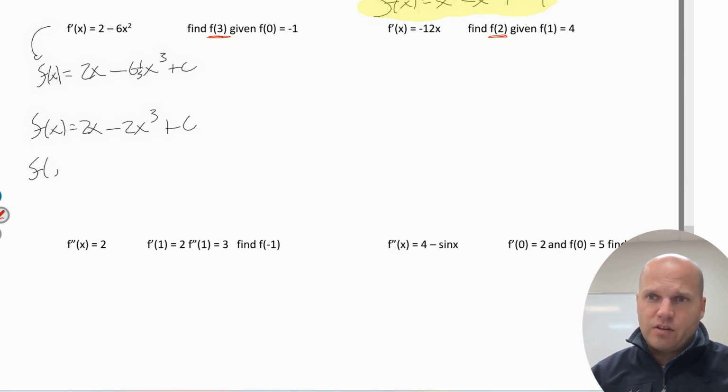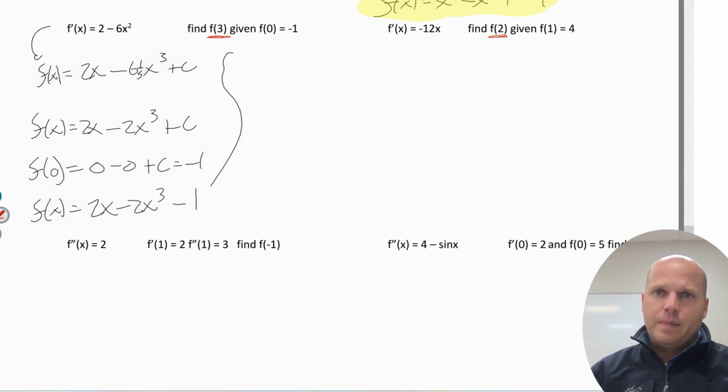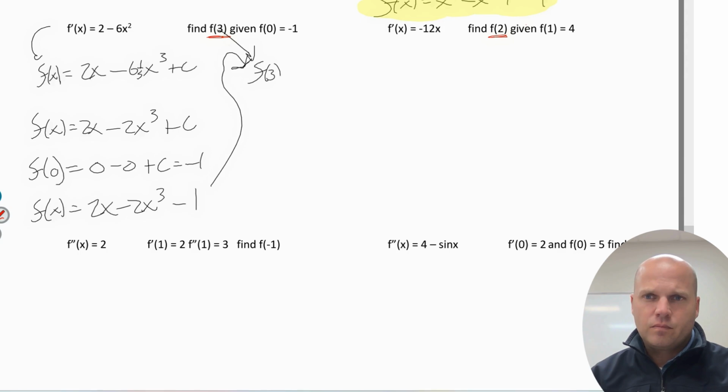I know f of 0 is negative 1, so c is negative 1. Now I have f of x, 2x minus 2x cubed minus 1. But the ultimate question that I'm trying to find is f of 3. 6 minus 3, 9, 27, 54 minus 1.